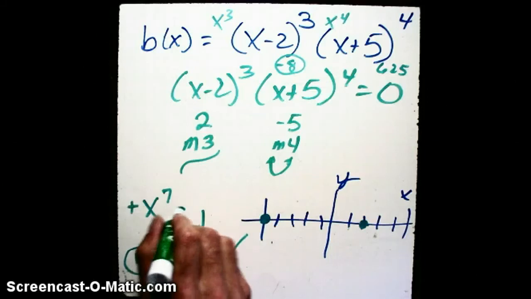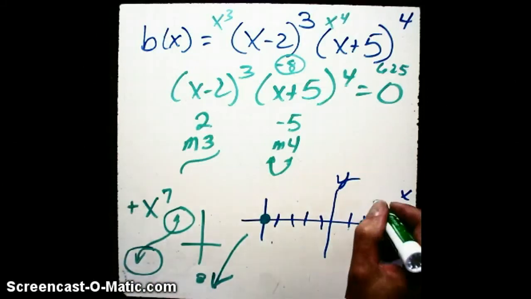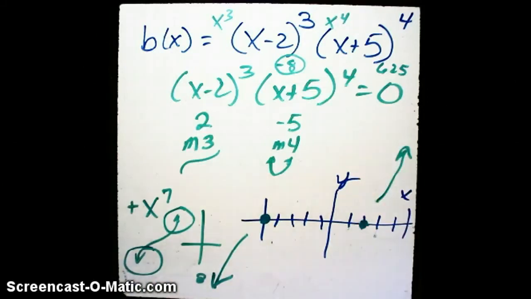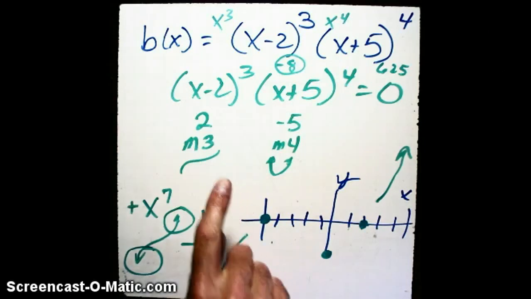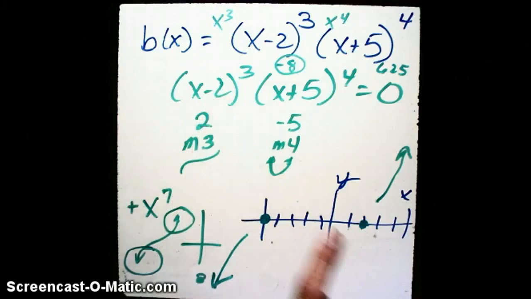And it rises to the right. Rises to the right. Okay? So we get that. All right. We also know that the y-intercept is way down here somewhere. Okay? I'm just going to put a dot right here. Now, there's some other information we know. We know that it goes across at the 2.